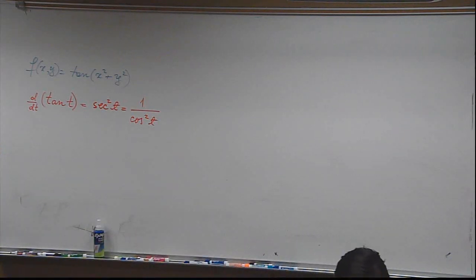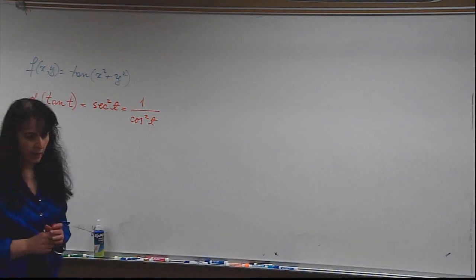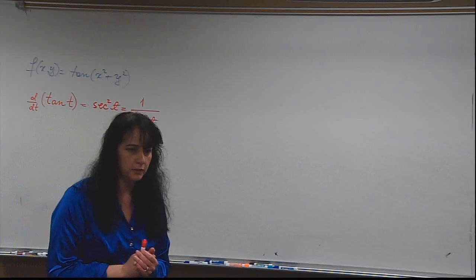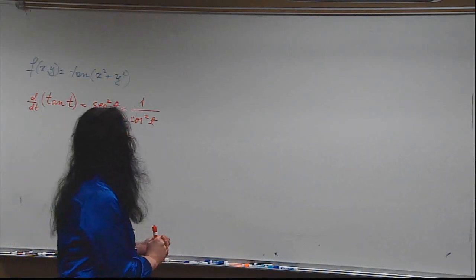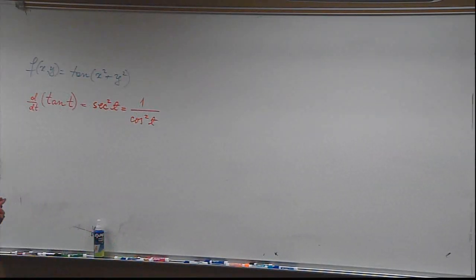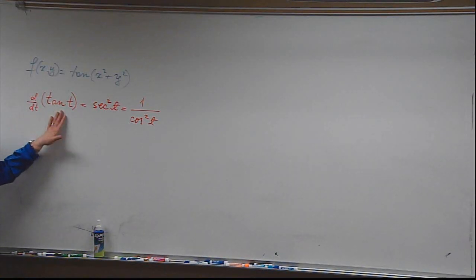And of course, I have to ask you something because I'm curious to see what you remember. And you say, yeah, curiosity killed the cat. But where did the derivative exist? Because maybe, was that tangent of t?